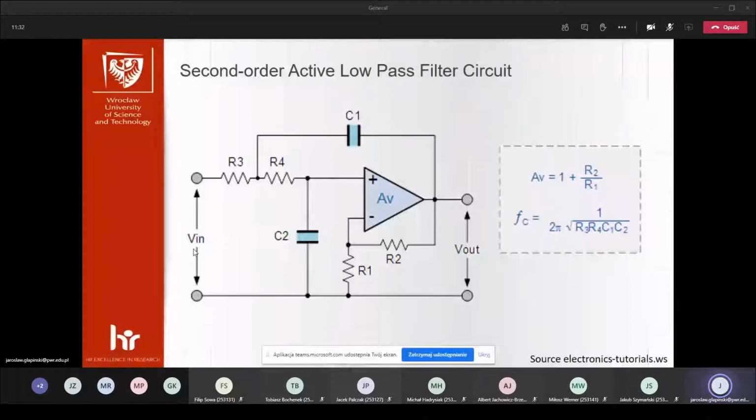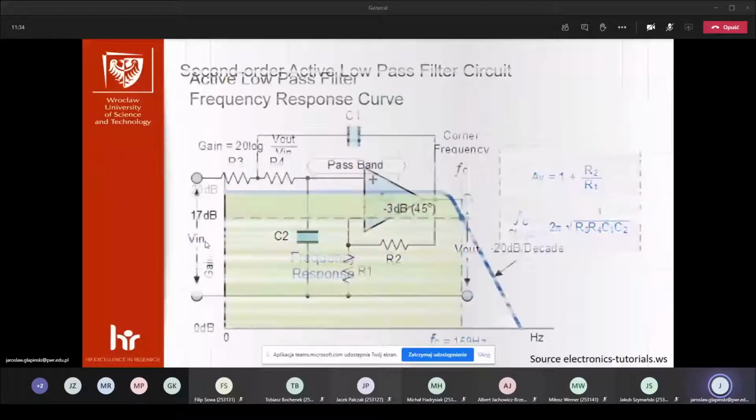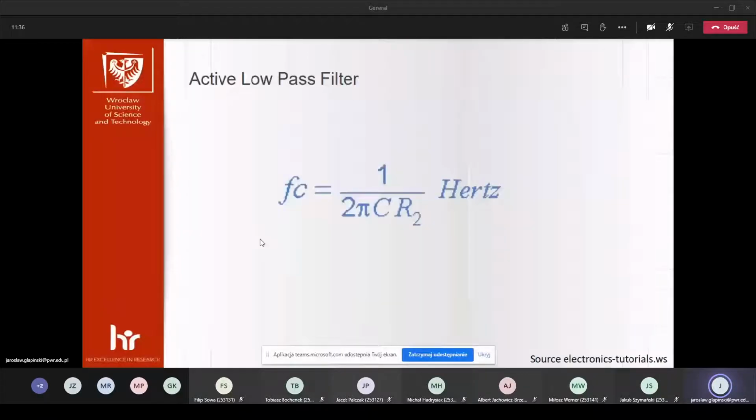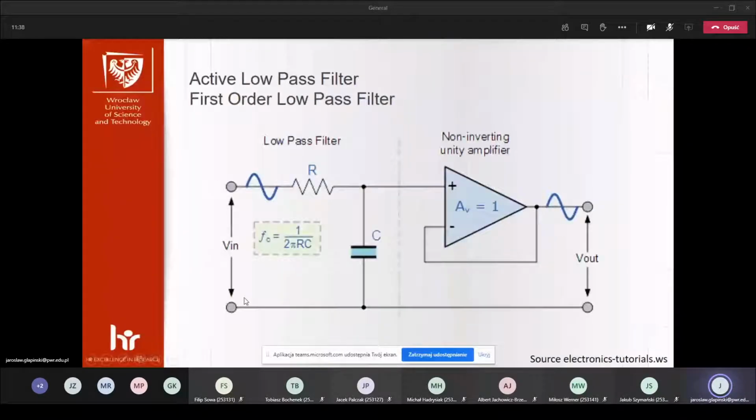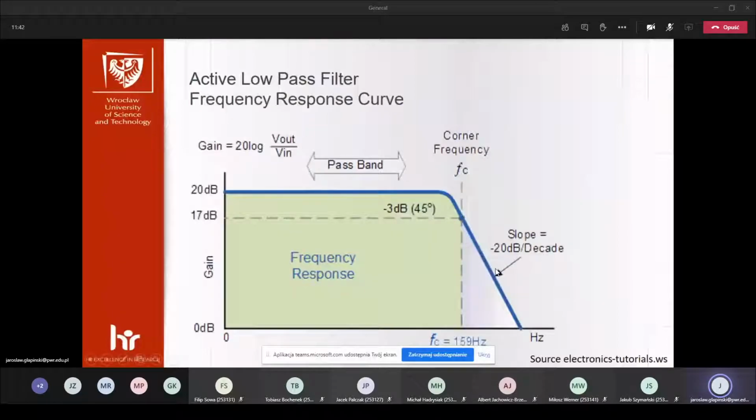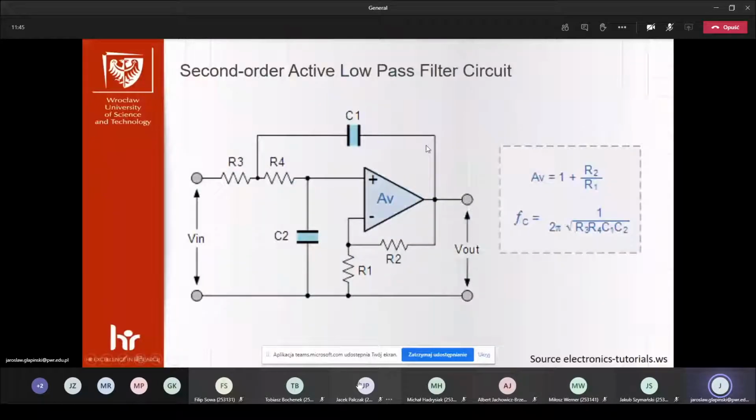This first example was in matter of fact the first stage, meaning 20 decibel per decade, but we can design some more complicated circuits. And this is 2 stages.